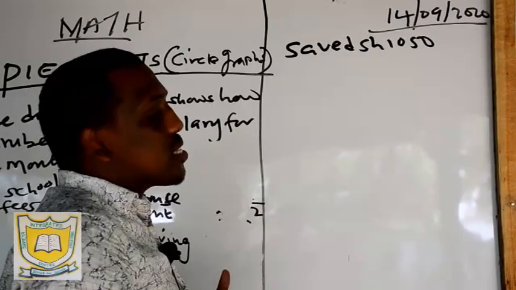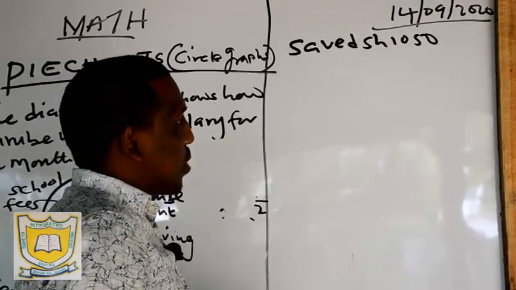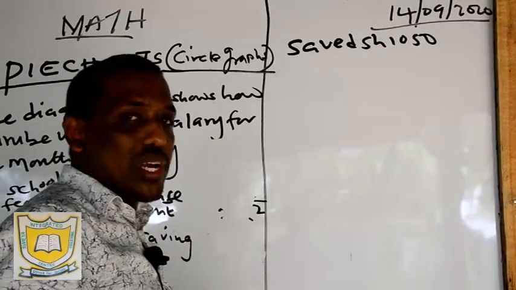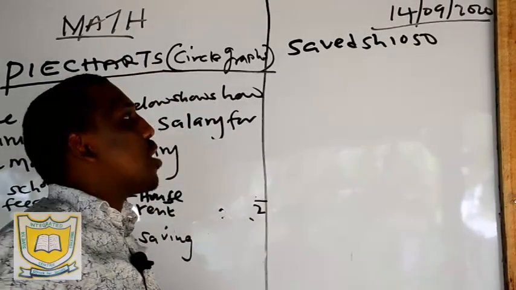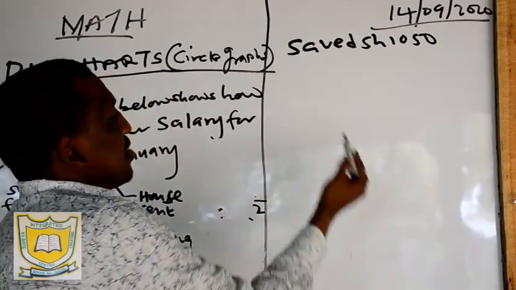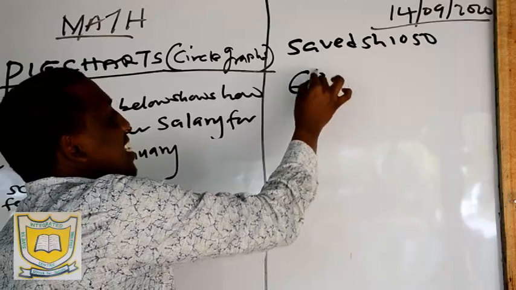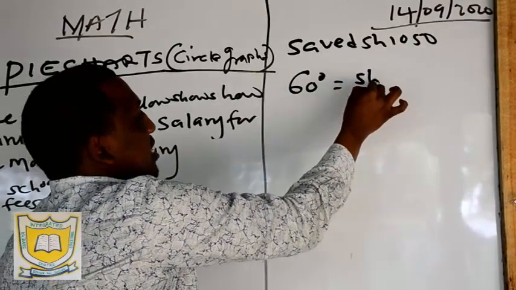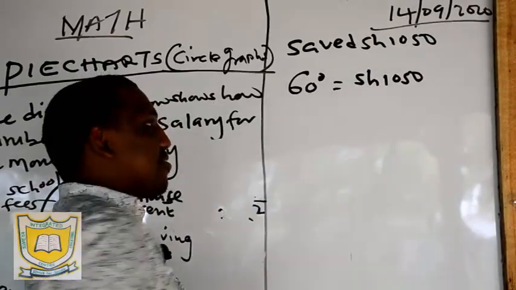To get it, we use the saving, and the degree for saving was given as 60. So 60 degrees for saving equals the amount she saved, 1,050.